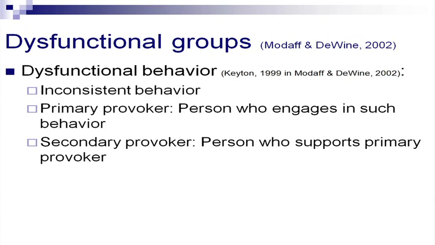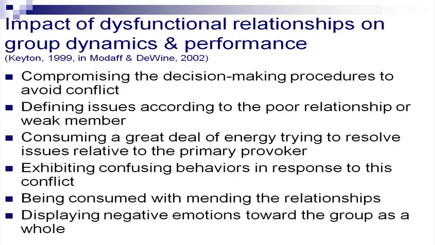We could also have extremes of inconsistent behavior. We have the primary provokers, which is people who engage in this extremely inconsistent behavior, and we have the secondary provokers, which are people who support the primary provokers in being dysfunctional and encouraging dysfunctional behavior.